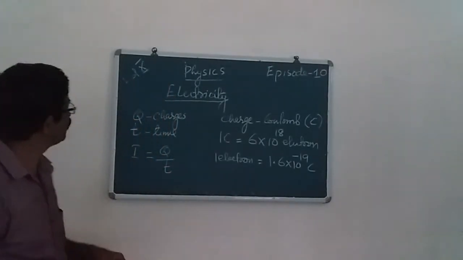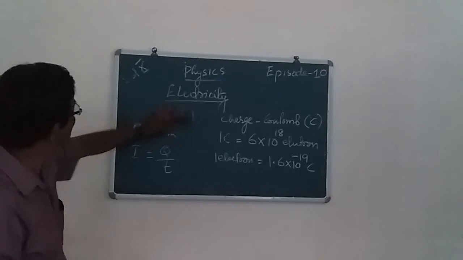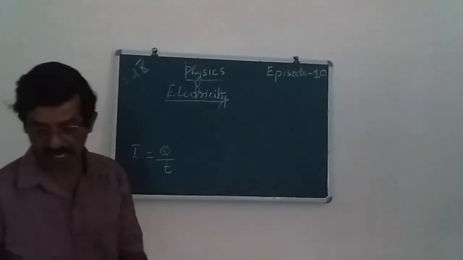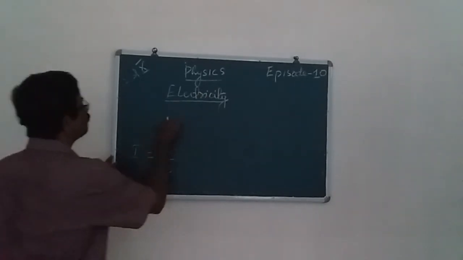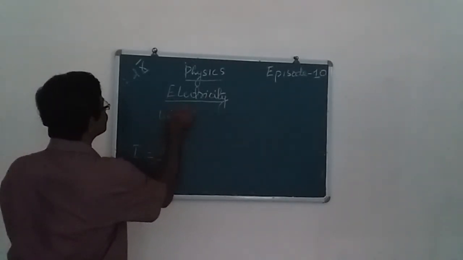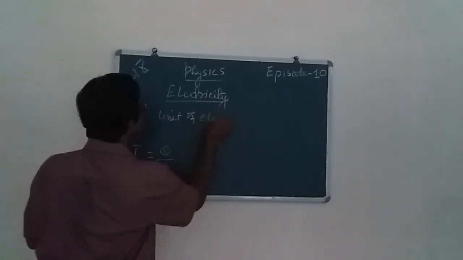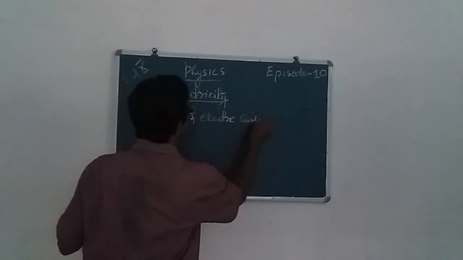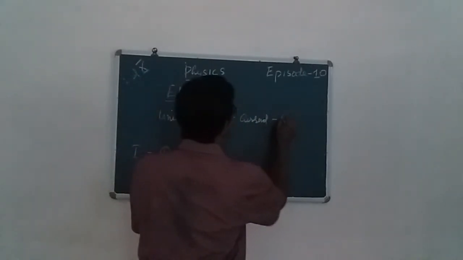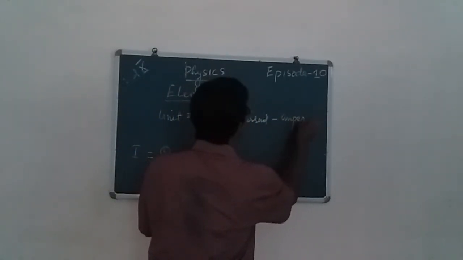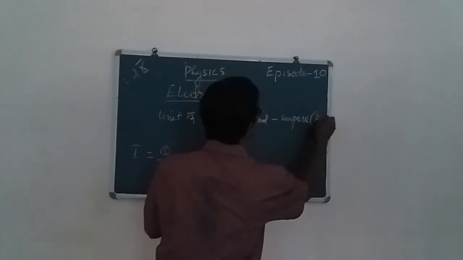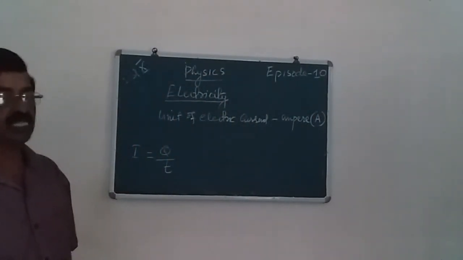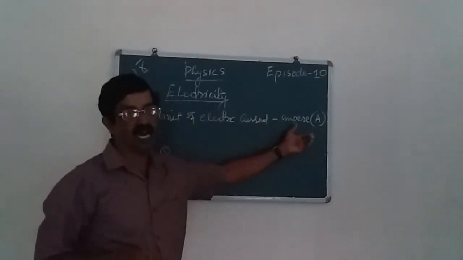Now see, we want to find the unit of electric current. The unit of electric current is ampere.